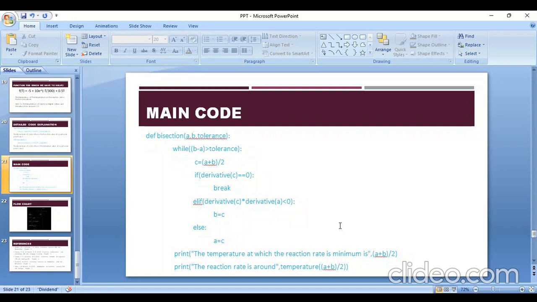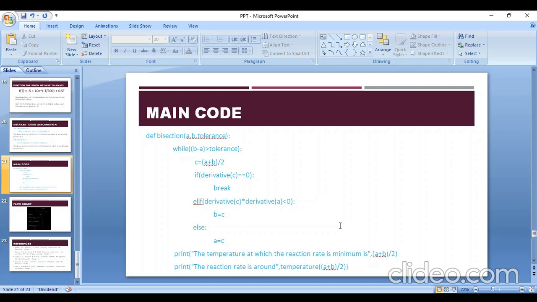If it is true, then it will be entering into the loop, calculation of midpoint will be taking place, and we will be calculating the derivative value at A, B and C. We will be comparing those and will be reducing the interval accordingly.